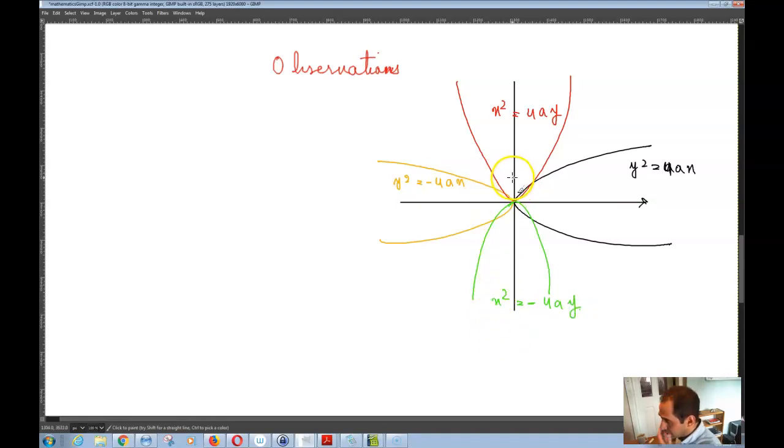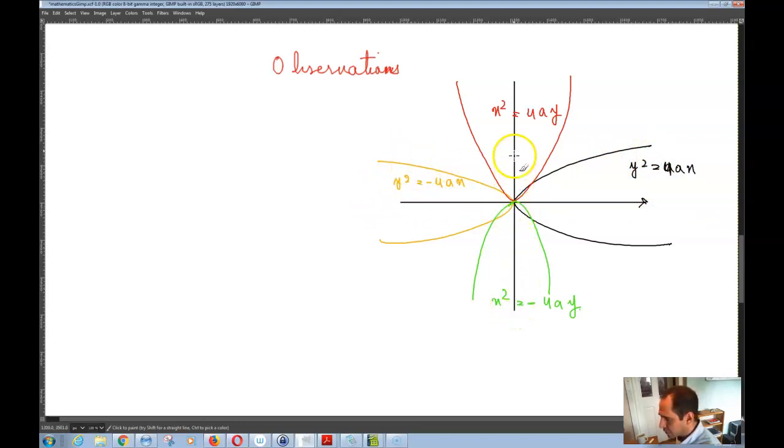So as you can see, if the axis of symmetry of the parabola is along the x-axis, then you will have y squared terms in the equation of the parabola.